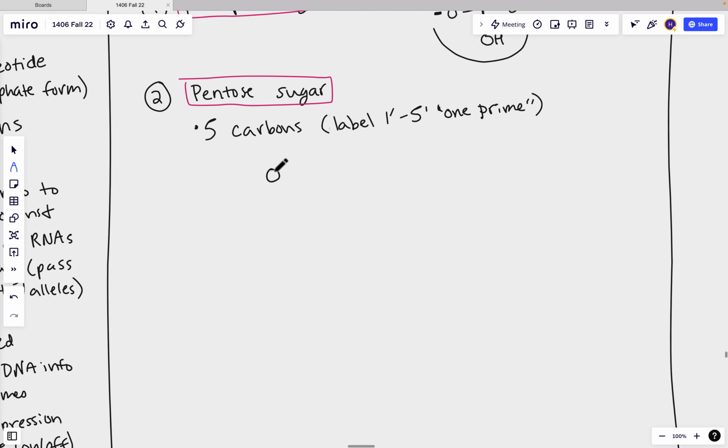So let's draw those out. So the oxygen, and then a pentagon with this arm up here. 1' carbon, 2' carbon, 3' carbon, 4' carbon, 5' carbon.